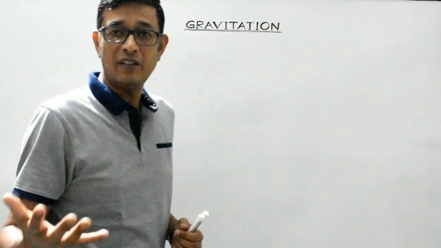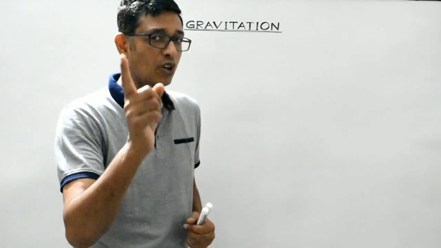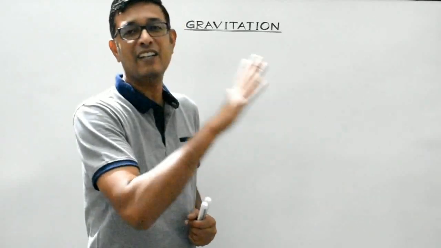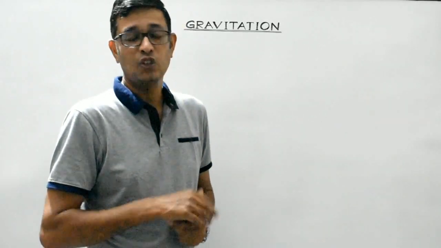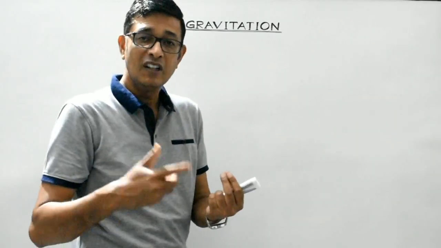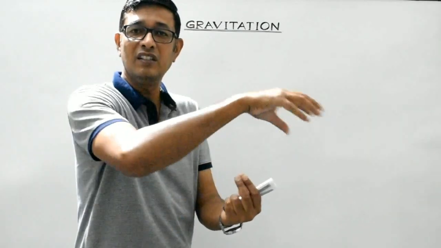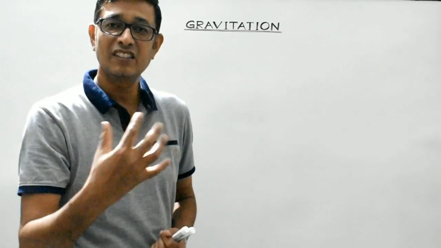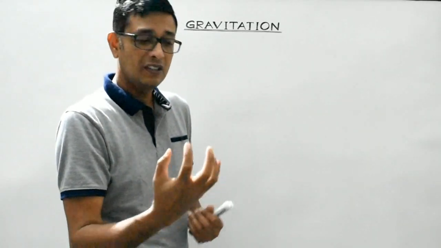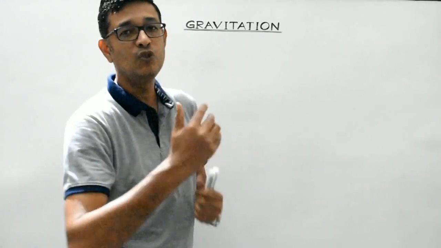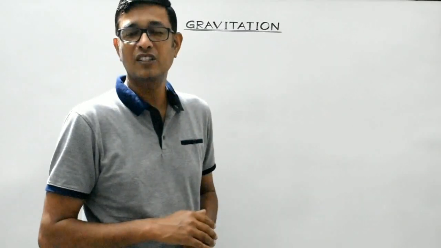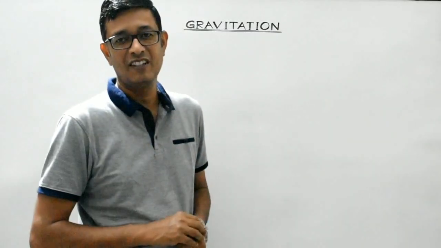And just now I have told you, whenever a body is having accelerated motion, some net force must be acting on that body. So the revolution of earth around the sun or of moon around the earth clearly suggests that there must be some force between the earth and the sun, between the earth and the moon. And students, that force is known as force of gravitation.